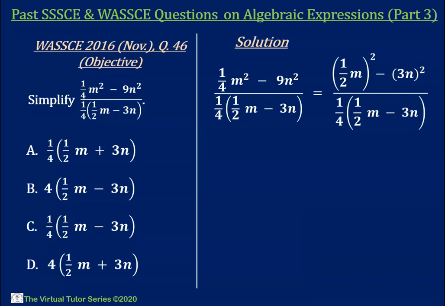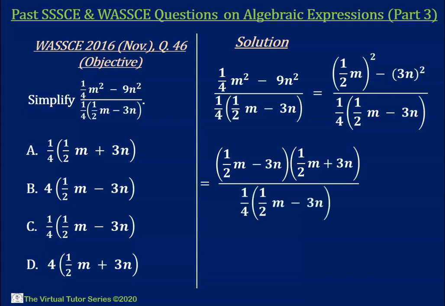Now, the numerator is a difference of two squares and can be factorized as (2m minus 3n) times (2m plus 3n), all over 1 over 4 times (1 over 2m minus 3n). One over 2m minus 3n is gotten rid of.